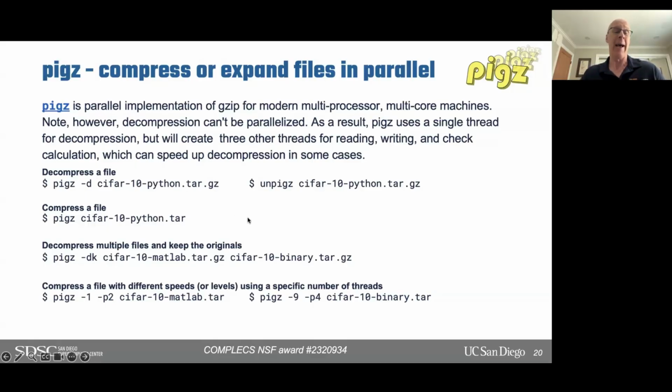So again, it's going to have the same options as gzip, but there's one additional option that you would be interested in, and that's down here at the bottom. In that bottom line, we do a compression with -p2. This means 2 threads. And in the second example, we do a compression with 4 threads. And I believe by default, if you don't specify a number of threads, you will get a number of threads equal to the number of cores.